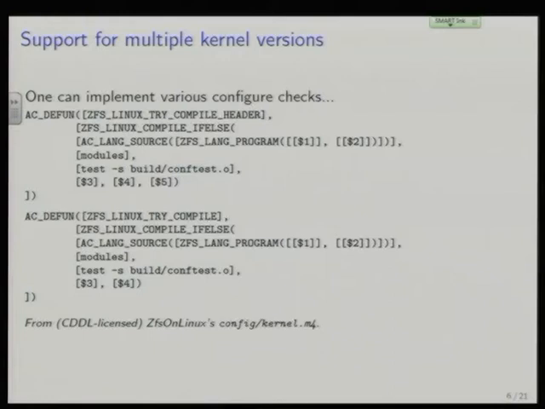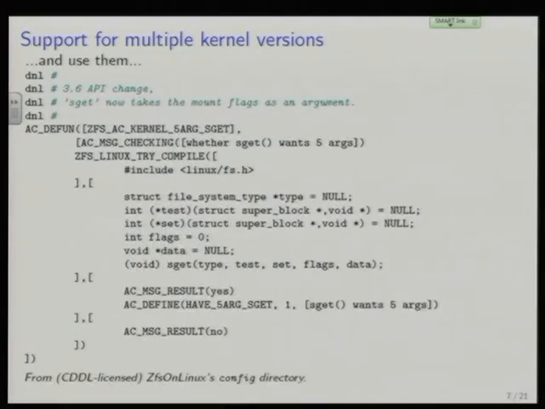Pretty simple and pretty common for autoconf macros. And there is an example of detecting the number of arguments for sget. I think that it pretty much speaks for itself.